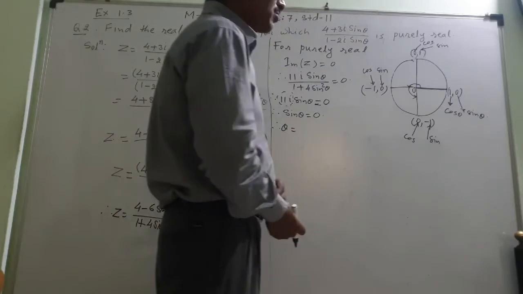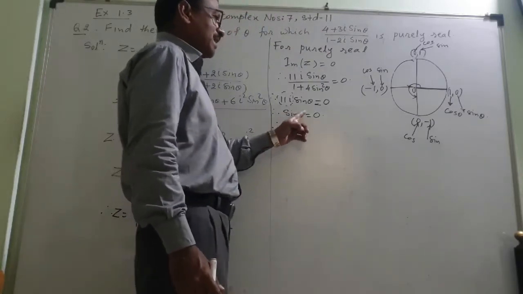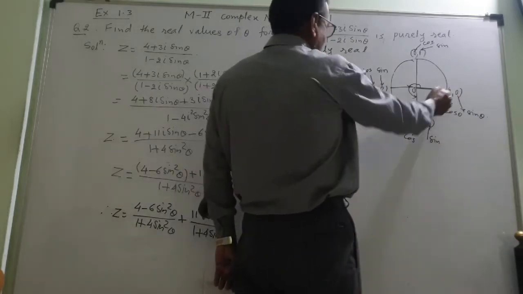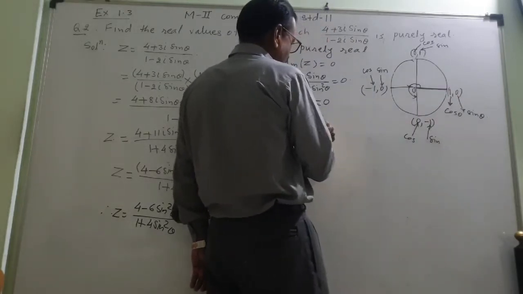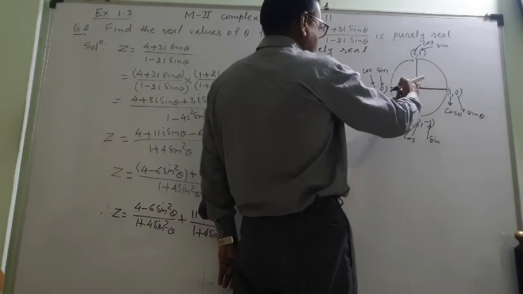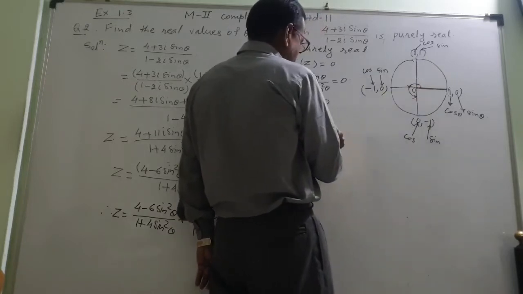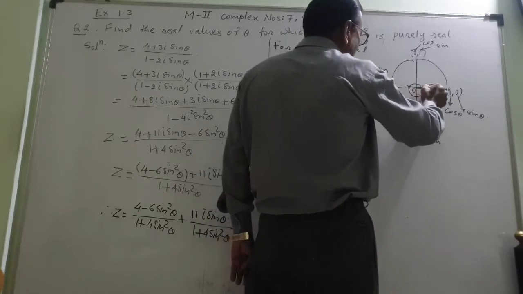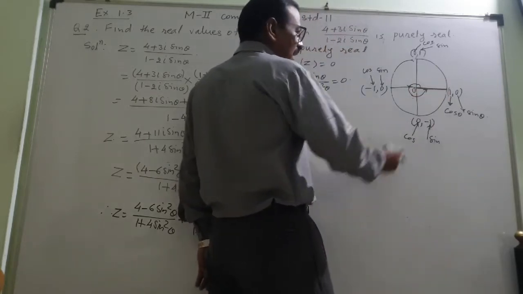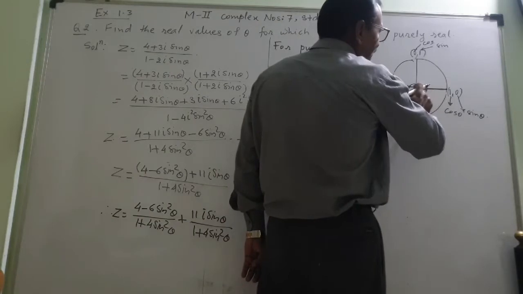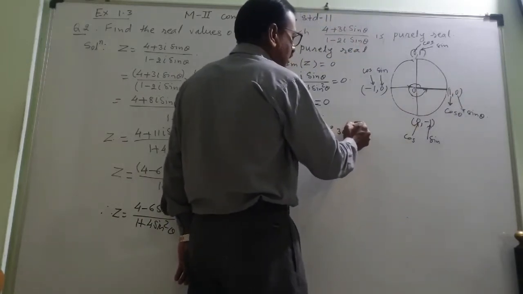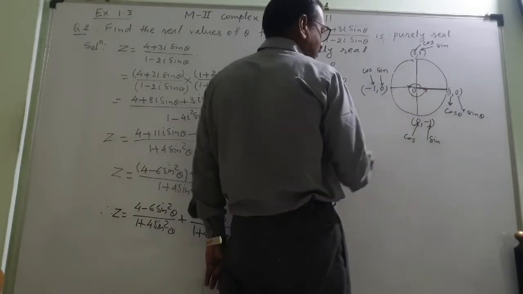This way you have written down. I want sine always to be 0. Where will sine be 0? If the angle is 0 degrees, or here once again 180 degrees. Then afterwards going here, again it will become 360 degrees and sine will be 0. Again come here.